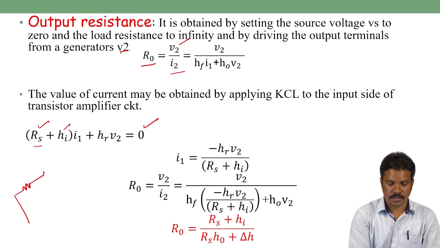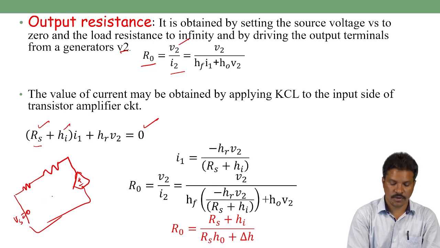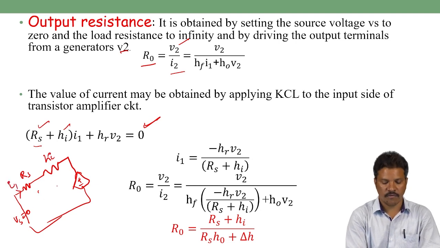So Vs is equal to 0, and Rs and hi are in series with I1. So I1 current flows in the loop.